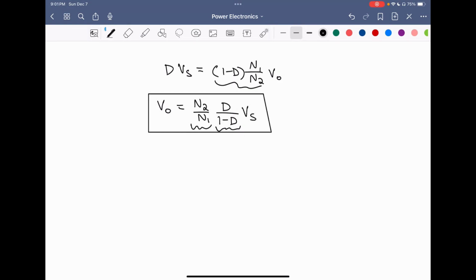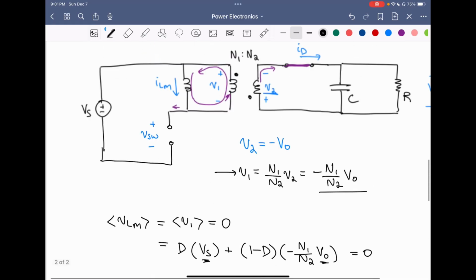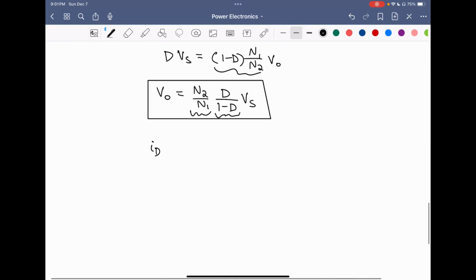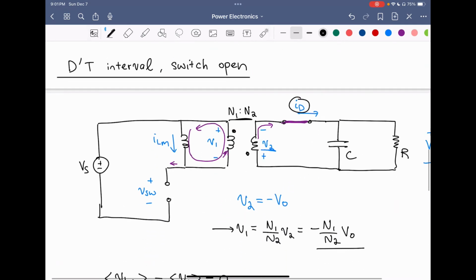Okay, so in terms of the other quantities that we can express in the D prime T interval, we have the diode current ID. ID is just going to be the magnetizing current ILM scaled by N1 over N2, simply because of this property of the transformer scaling this current by N1 over N2 to give us the current on the secondary side.